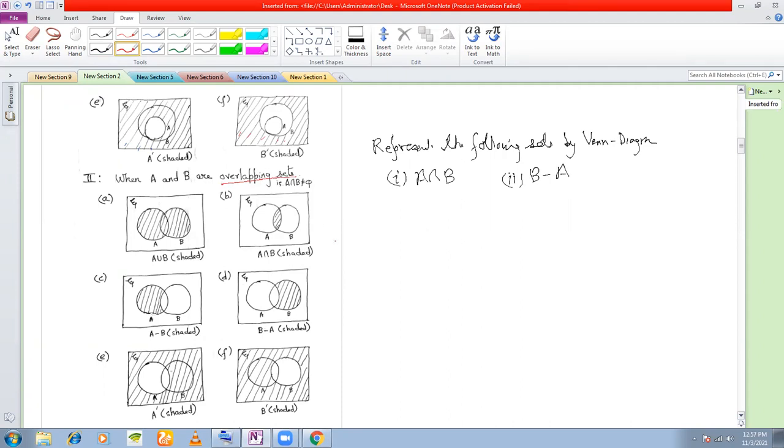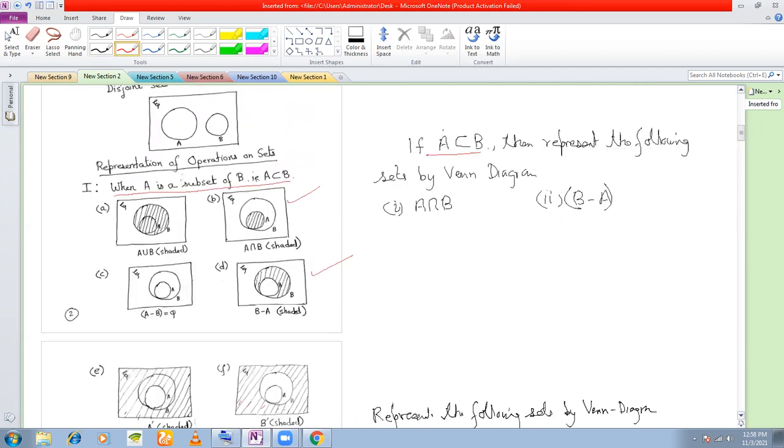Understood? So which are the figures that you are going to draw? You're going to draw this figure and you are going to draw this figure. Okay. But in the previous one, if you see, I had mentioned here, A is a subset of B. So therefore, this was very clear. So this is the diagram that you are going to draw. Okay.